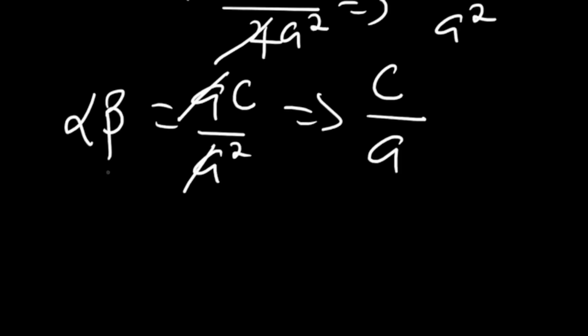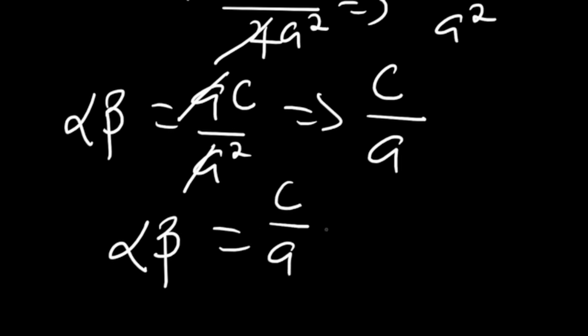As a result, we have proven that alpha times beta, or the product of the roots, is given by the formula c over a. So this is a proof. We have successfully proven the sum and the product to be negative b over a and c over a.